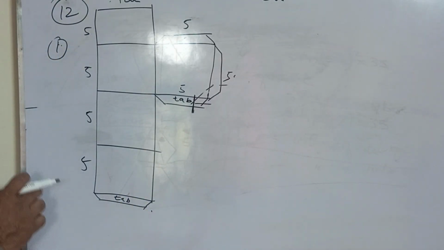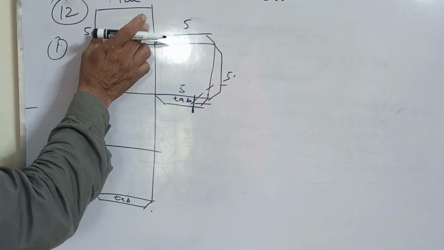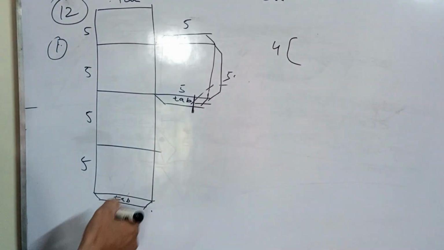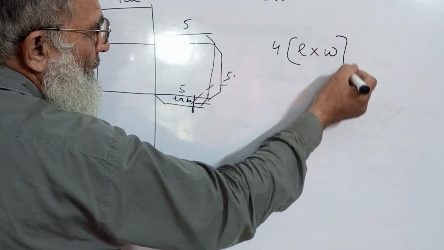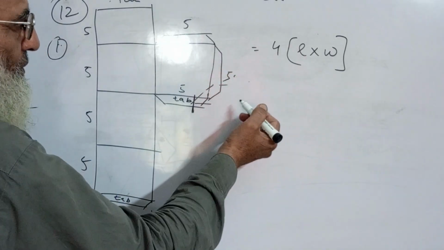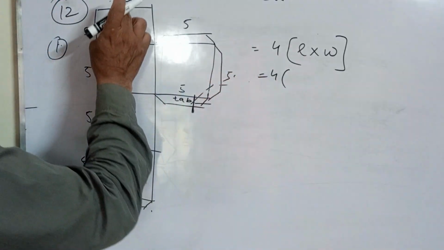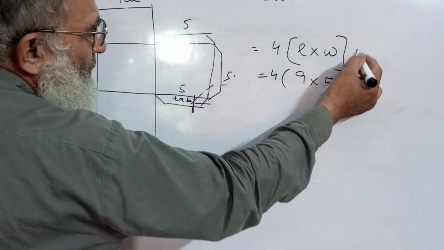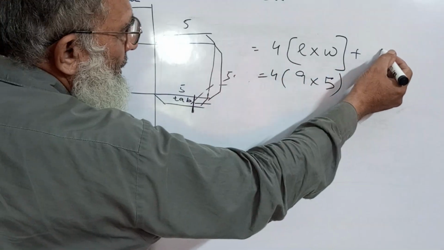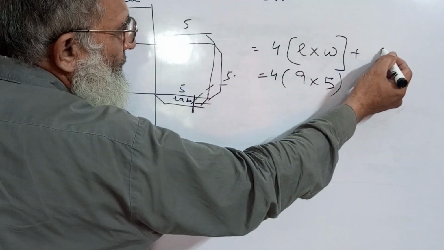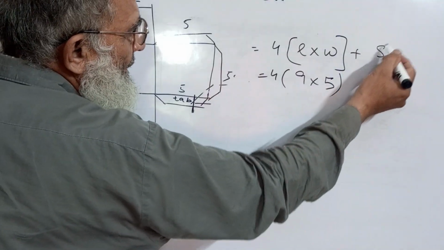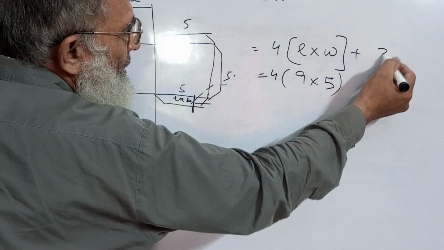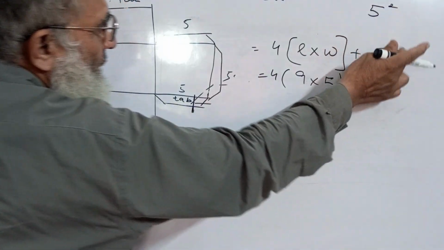You see that there are how many rectangles? 1, 2, 3, 4 rectangles. 4 multiplied by L into W is equal to 4 into 9 into 5, plus 1 square: this is only single, so plus 5 into 5, or say S square. We'll replace this S square by 5 square. It is 25.